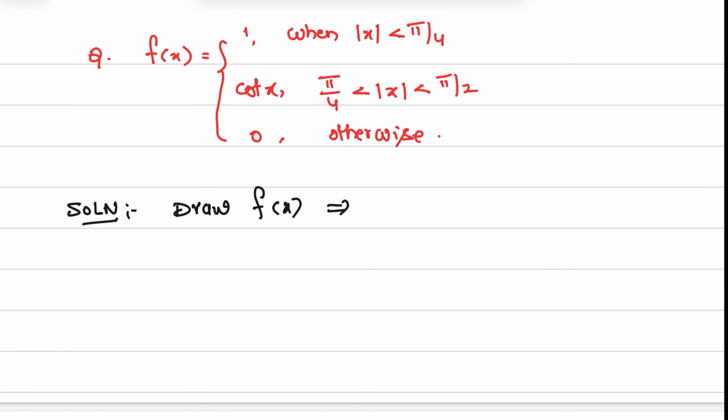That means it has a jump at minus pi by 4 and plus pi by 4, because the absolute value of x is less than pi by 4.